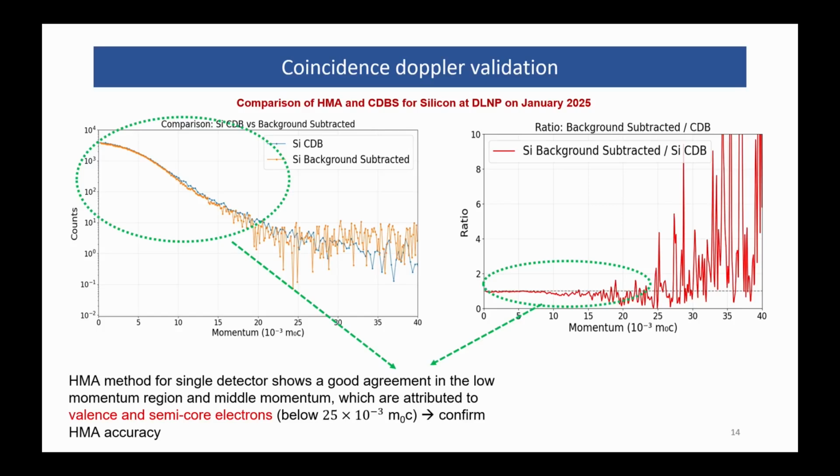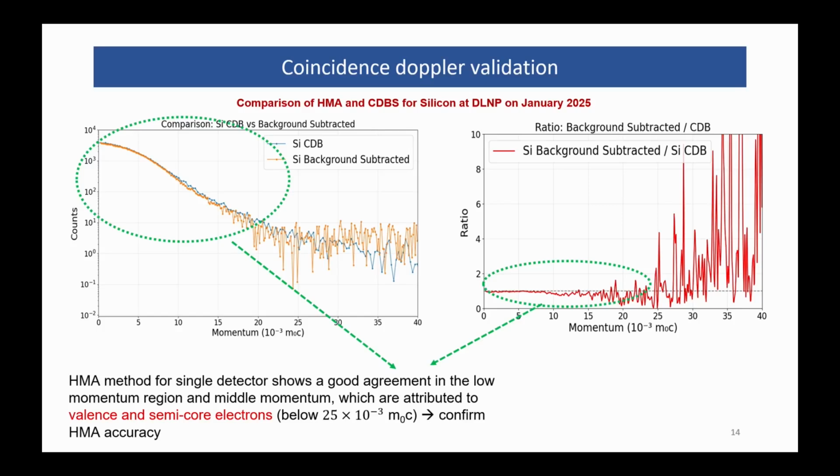We have the coincidence detector right now, but we still need to optimize the result. With silicon here, you see this is the very first result for the coincidence Doppler. And our method here is quite similar.